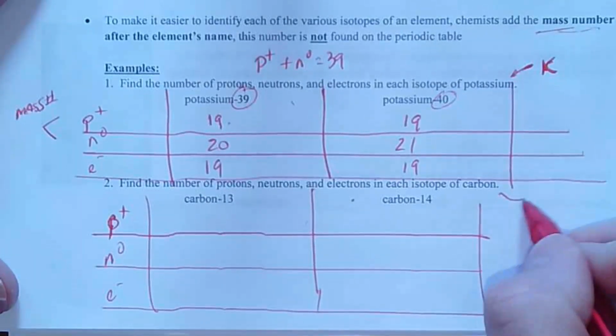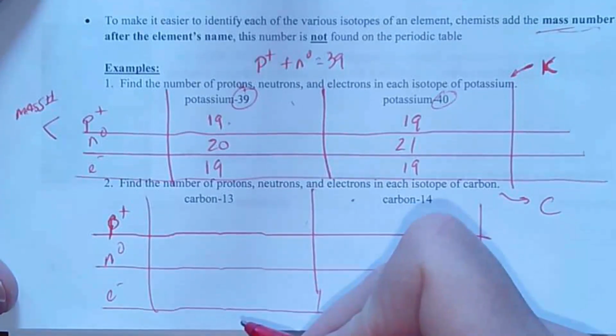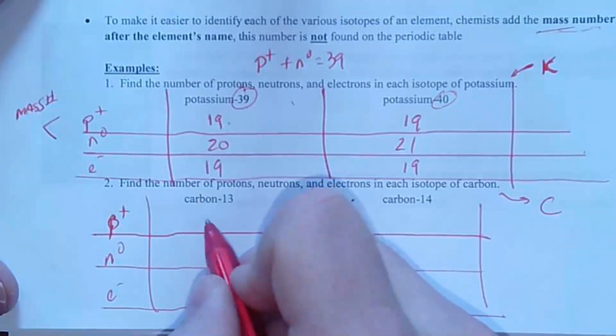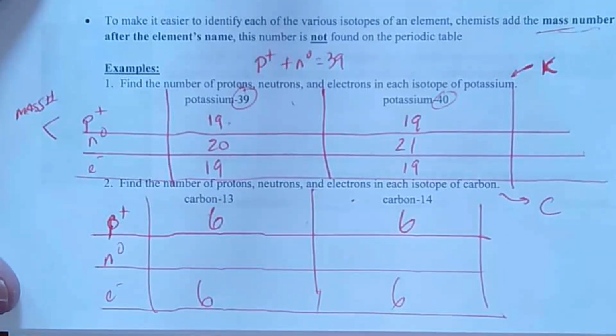Carbon on the periodic table has the symbol C, and carbon's atomic number is 6. So that tells you that in each isotope of carbon, you get 6 protons, and since we're talking about neutral atoms, the number of electrons is also 6.